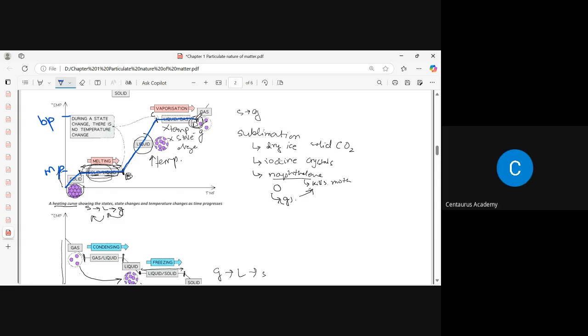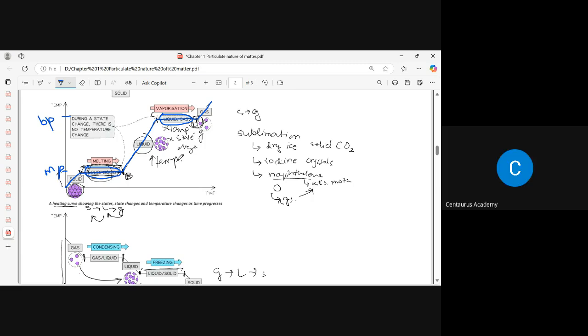Then when all the liquid molecules have vaporized and converted into the gaseous state, the temperature starts to rise again, right? Now tell me what is happening in this plateau phase.